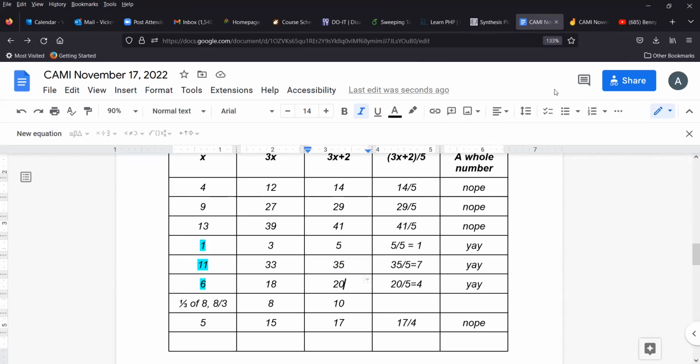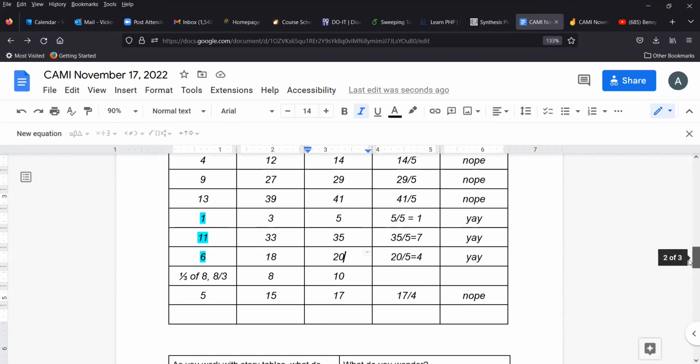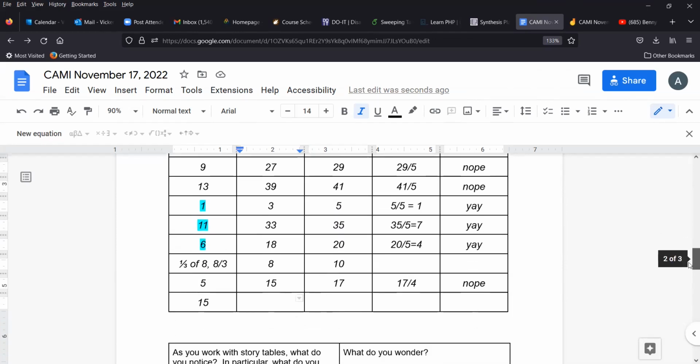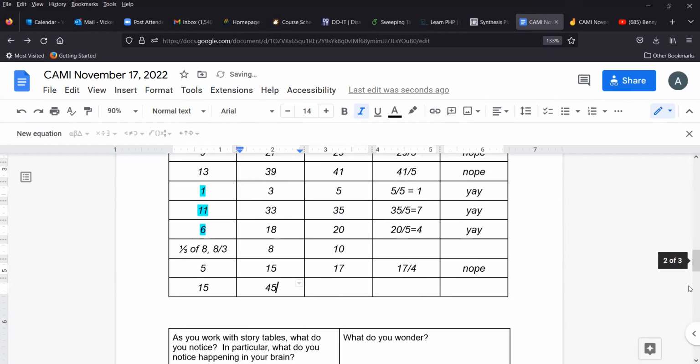Can we try 15? Okay, so 15 as our try for x? Yes. So then this would be 45.